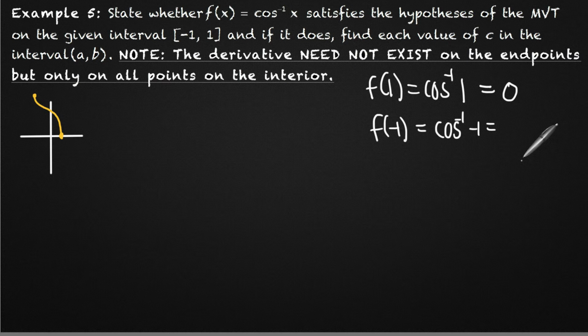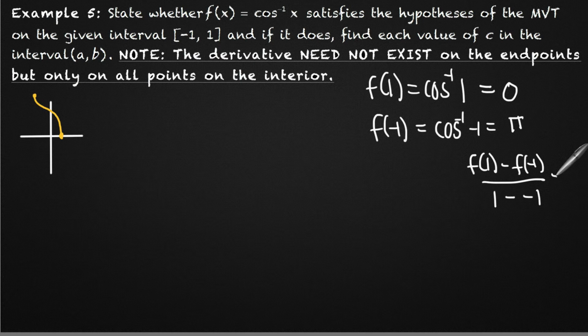So now we're thinking, what angle on the unit circle has a cosine or an x value of -1? Well, that's going to be pi. So now we're going to essentially do our f of 1 minus our f of -1 over 1 minus -1. So f of 1 is 0 minus pi over 2.